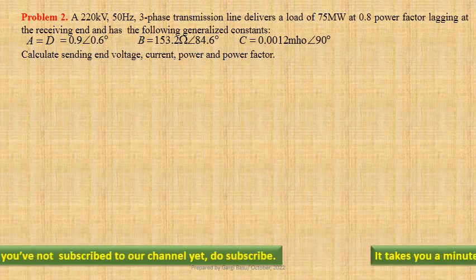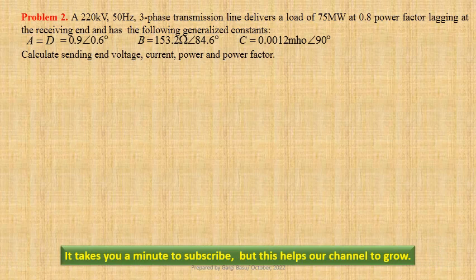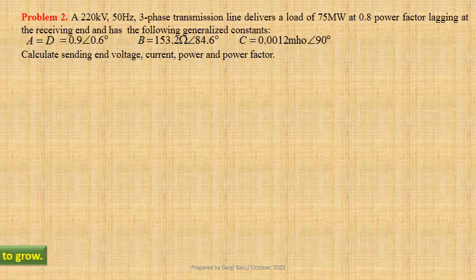B equals 153.2 ohm at an angle 84.6 degree and C equals 0.0012 mho at an angle 90 degree. We have to determine sending end voltage, current, power and power factor.